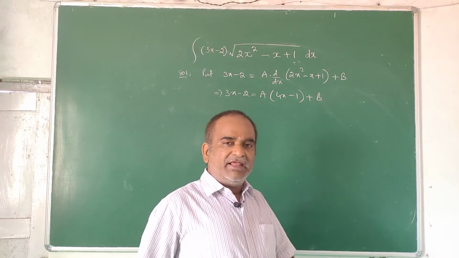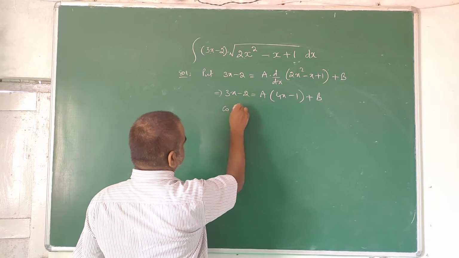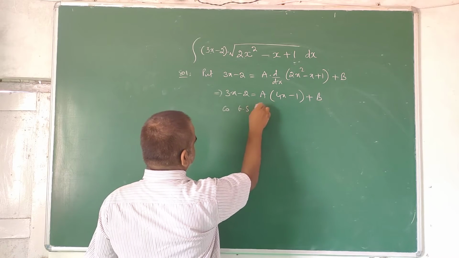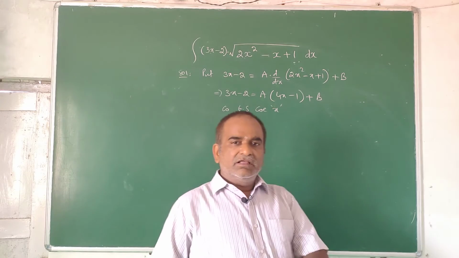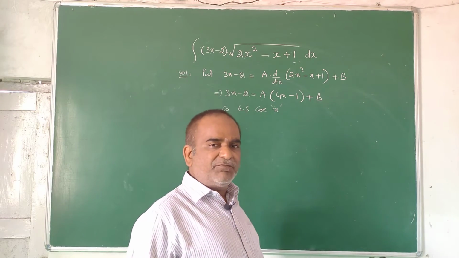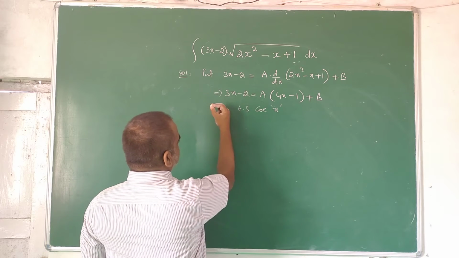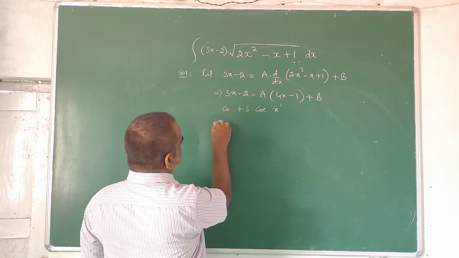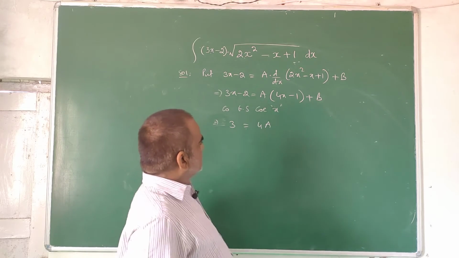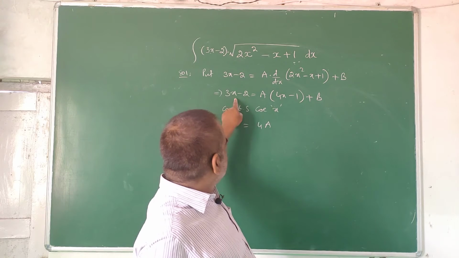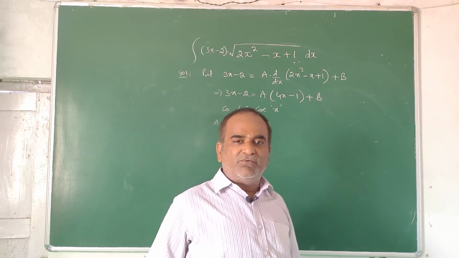So now comparing both sides the coefficients of x. Here the coefficient of x is 3, here the x coefficient is 4a, so 3 is equal to 4a.